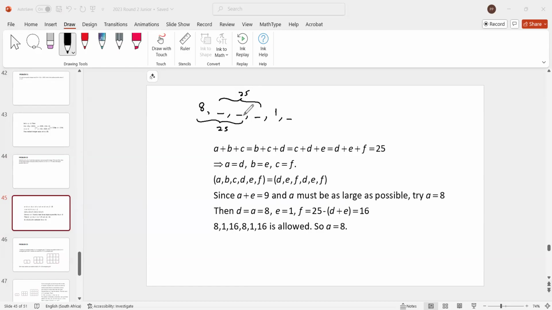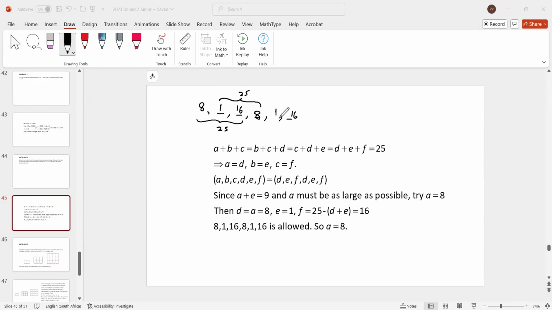So these 2 plus 8 is 25. These 2 plus something is 25, so this has to be 8 here. And likewise, these three add to 25, so this must be 1. And then you'll get 9 and 16, 16, 8 and 1, 16, and that will give you A plus E is 9.